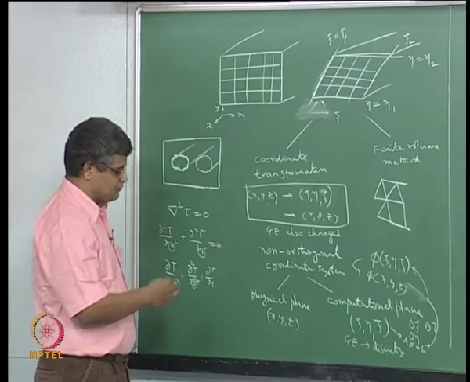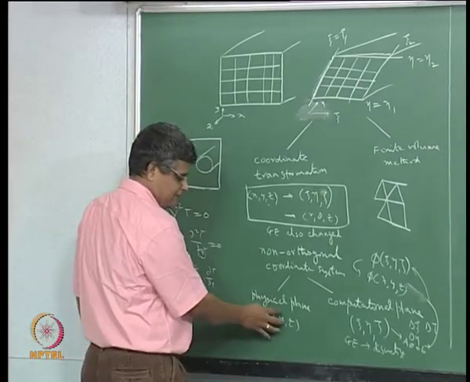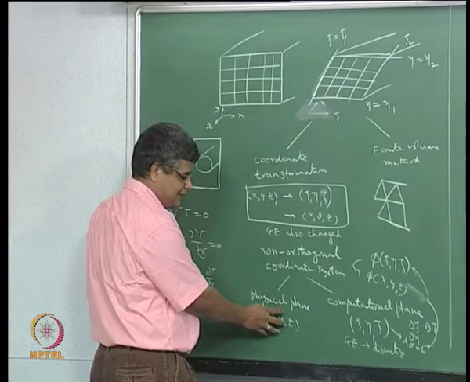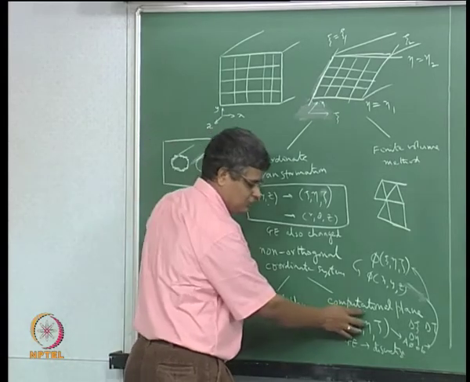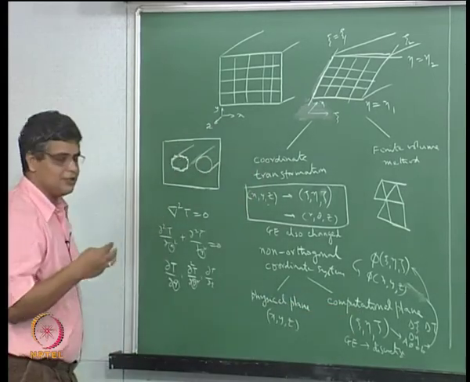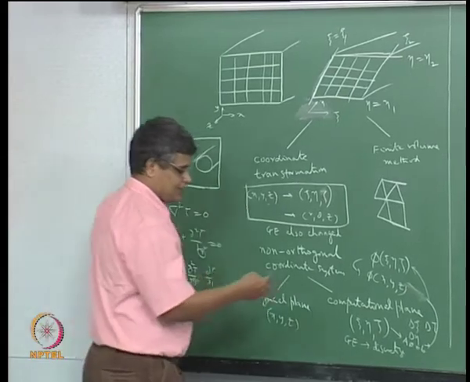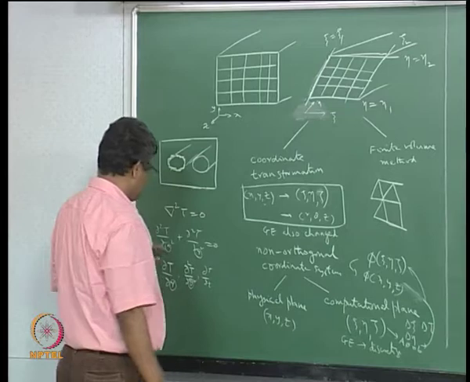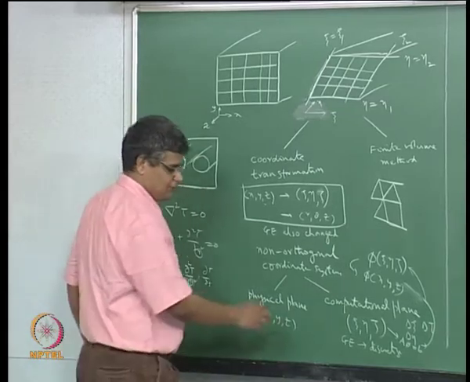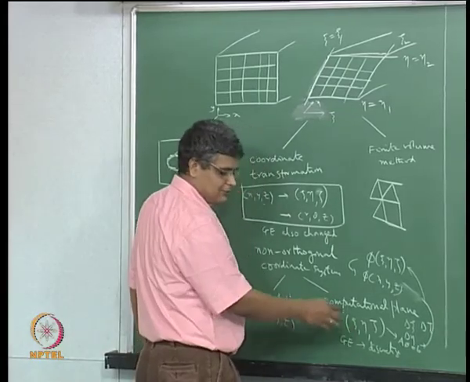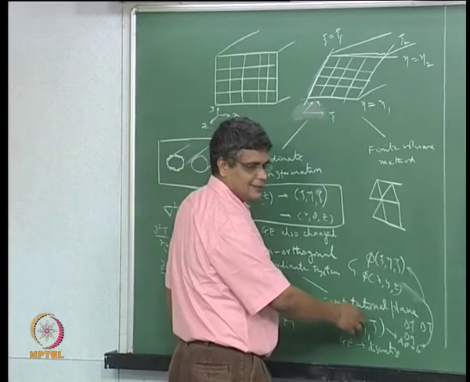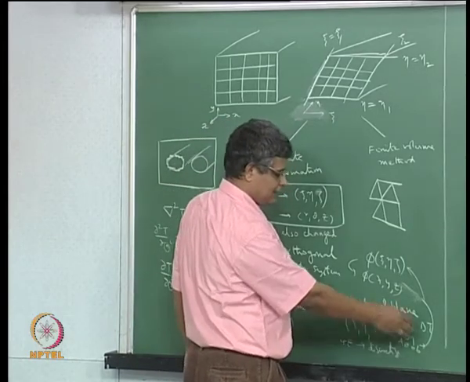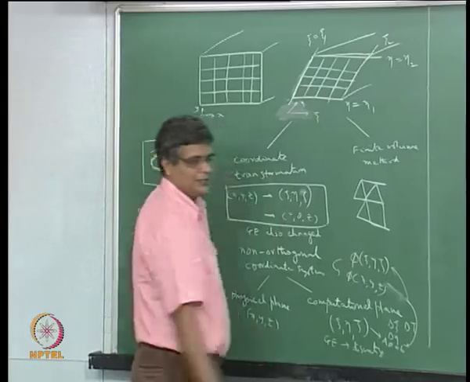So in the process we have a mapping of the physical plane, the geometry in the physical plane, into the computational plane, and using that mapping we transform the governing equations, which are described in physical space in terms of xyz, into the computational plane. The transformed governing equations are discretized and solved in the computational plane to get the solution in the computational plane.